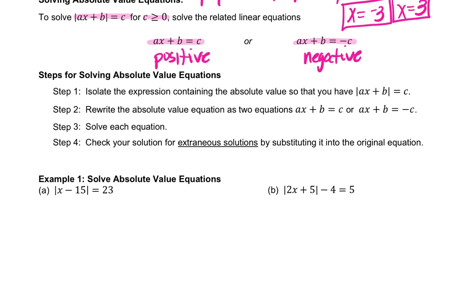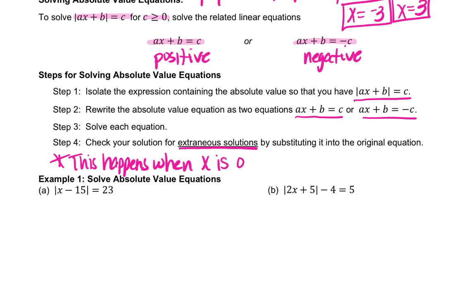And then once you have it set up in that format where it's ax + b = c, you rewrite it in your positive and your negative form. You'll solve both equations, and you may get one or two answers. There will be a time where there are extraneous solutions, and that's going to happen when x is on both sides.